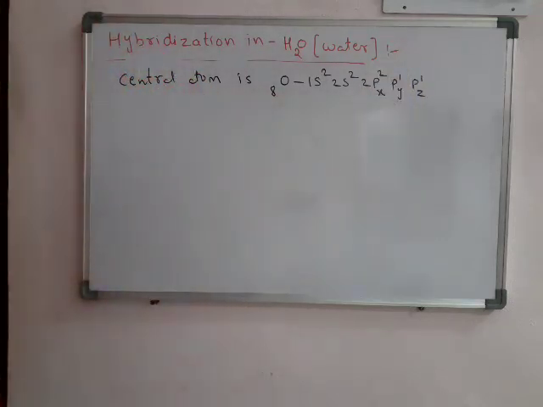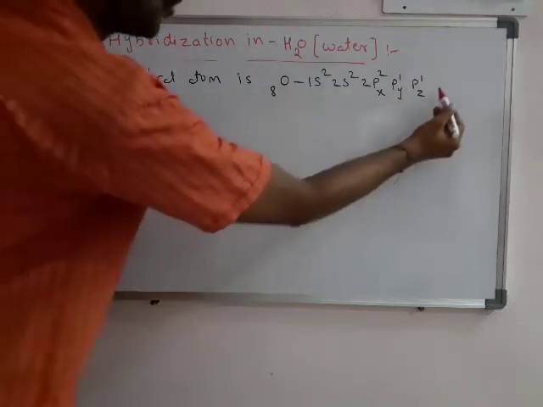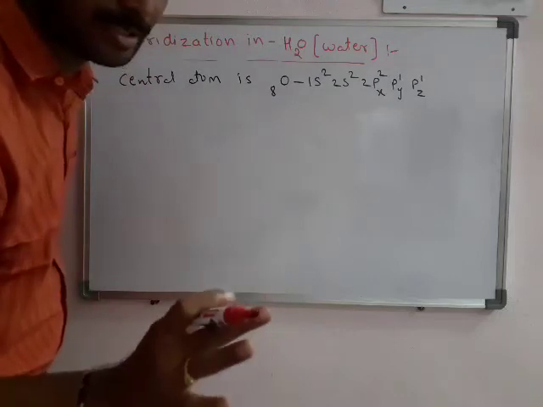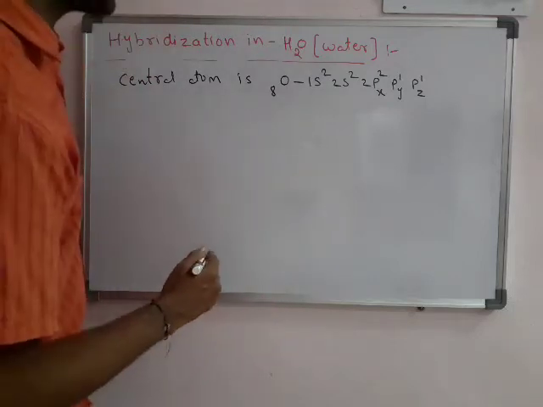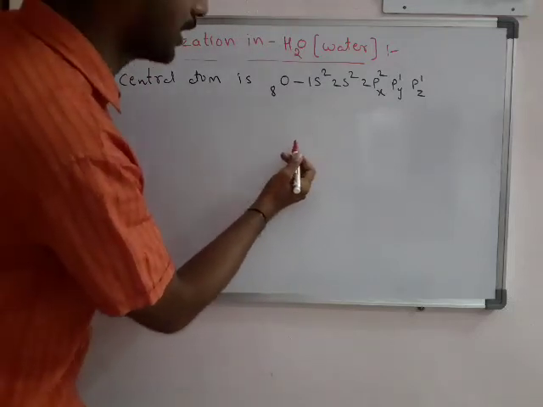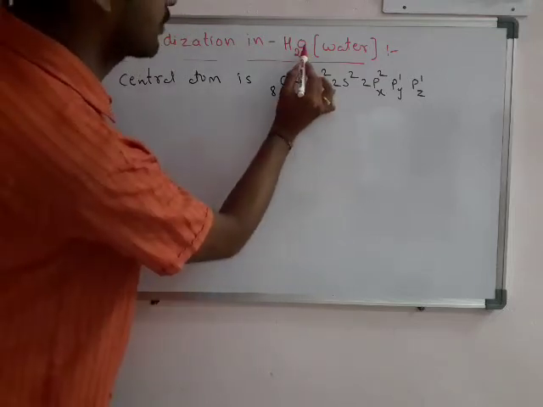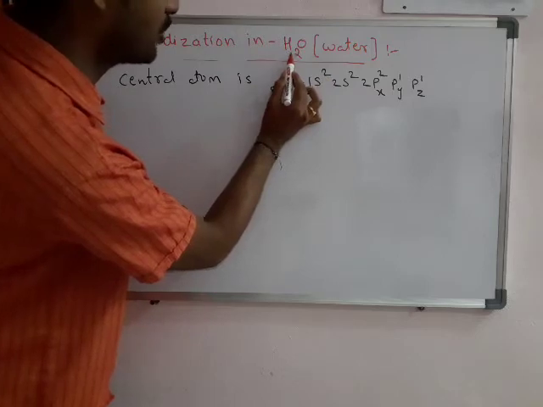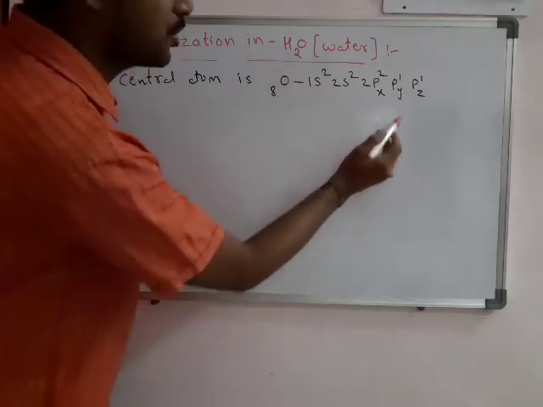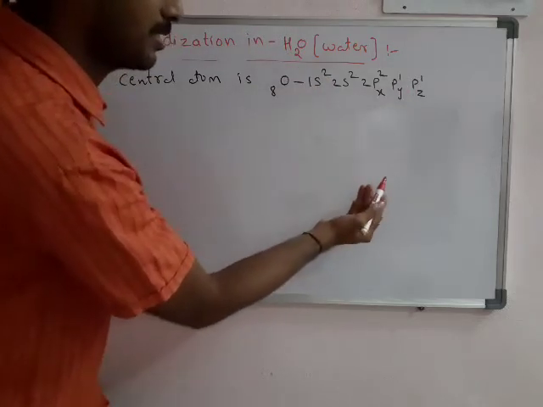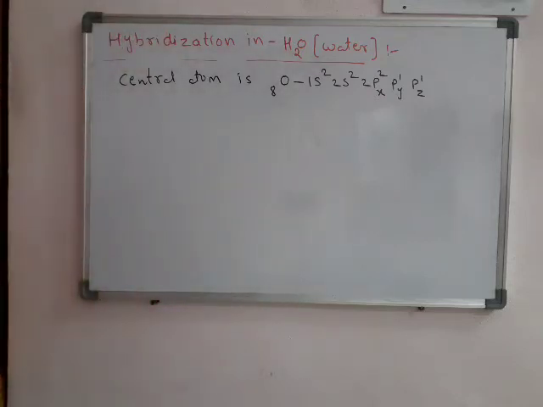There is no choice for excitation because there is no d orbital in the second shell, and it is also not required because oxygen is going to bond with 2 hydrogens. There are 2 unpaired electrons already present, so there is no need.